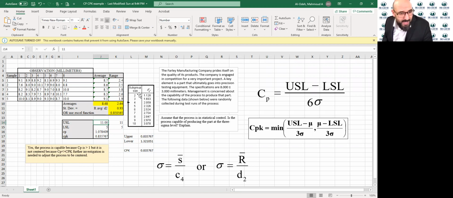As you look here, the average is closer to the upper specification, and that's why it's not capable. So we need to readjust the machine and reduce the variation to bring the process shifted to the left and make it centered to be able to meet the customer needs.